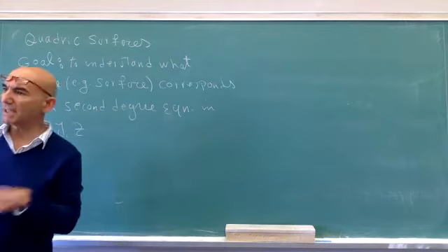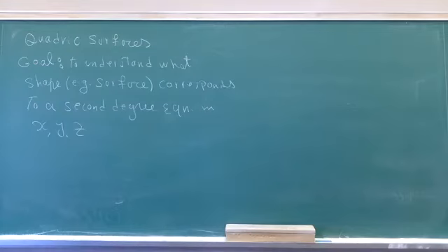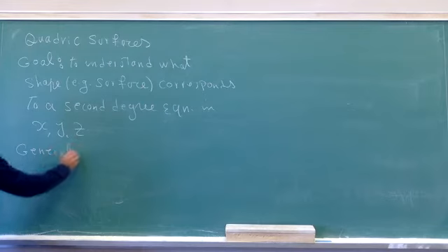What do we mean by second degree equation? We really mean something that's quadratic in x, y, z. But it could be, for example, xy is also second degree because it's degree 1 in x, degree 1 in y, so xy is second degree. So the general form of such an equation is this.